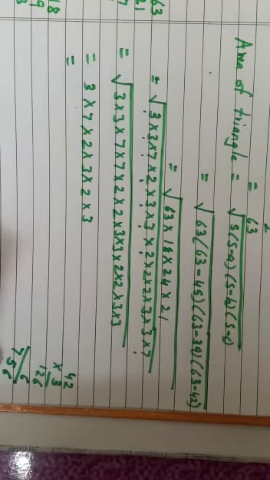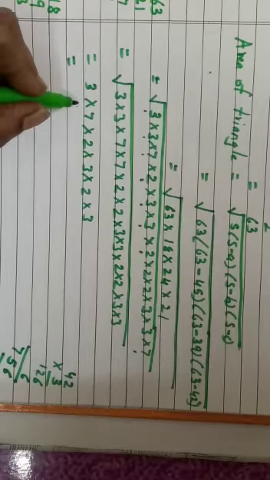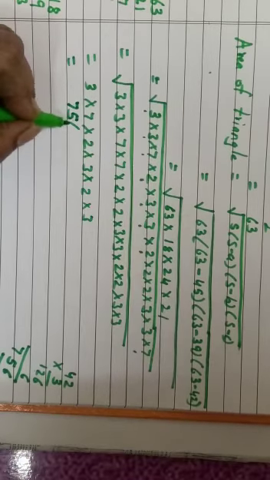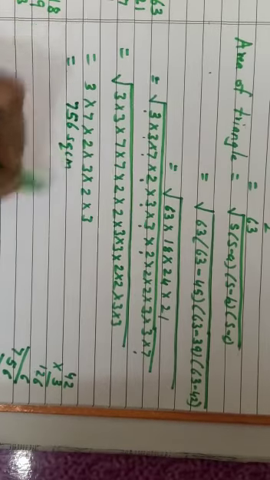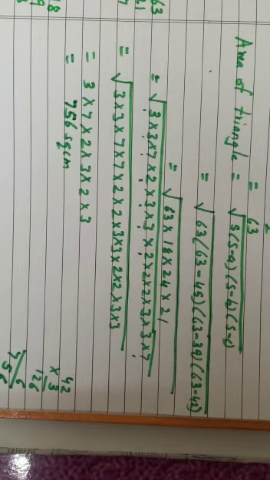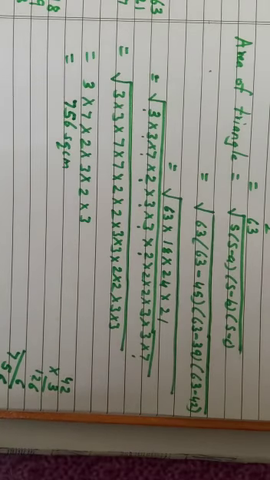So you are getting 756. So you have to write here 756 square centimeter. This way you have to solve the example: when the height is not given, how to find the area of the triangle.